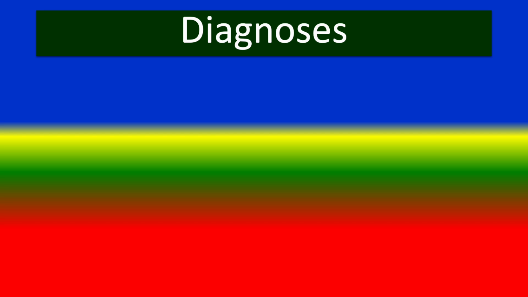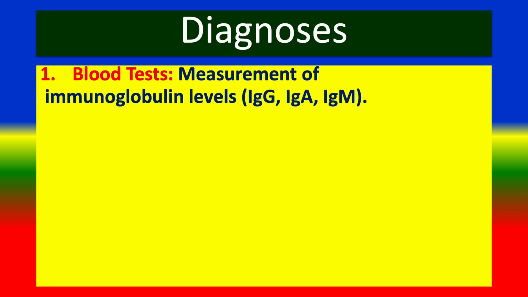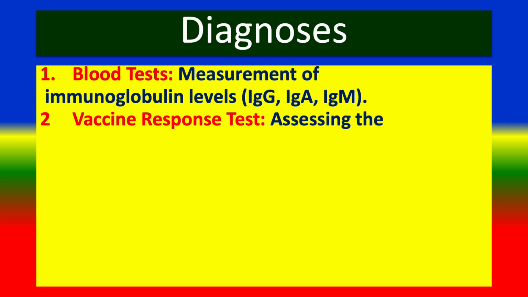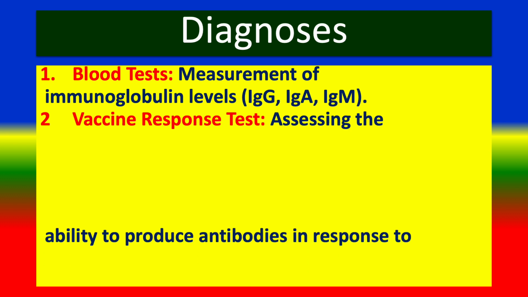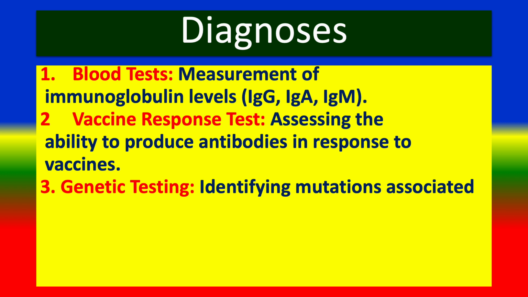Medical diagnosis. 1. Blood test, measurement of immunoglobulin levels. 2. Vaccine response test, assessing the ability to produce antibodies in response to vaccines. 3.